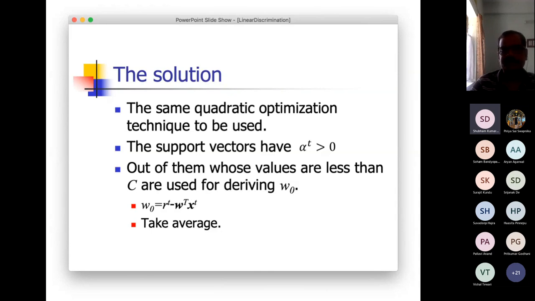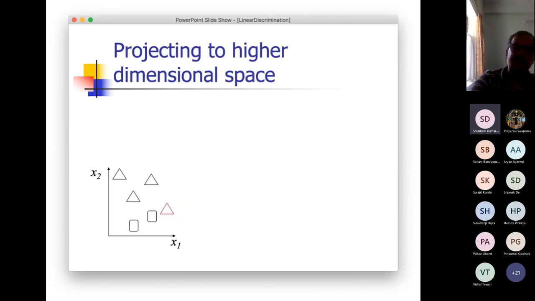So this is the approach when you are using slack variables and which can deal with the non-separable cases. Now there is another way, I think that is a bit better way, where we can consider a kind of non-linear SVM, but it could be a linear SVM if we project those samples in higher dimension. That means even for linearly non-separable cases, if I add a dimension, they become separable.